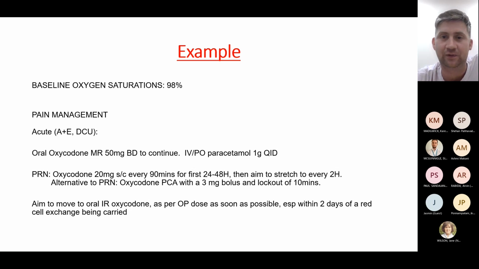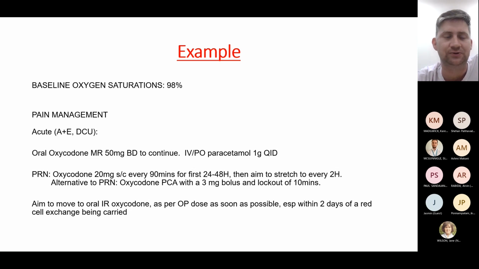We'll then give PRN oxycodone 20 milligrams subcuts every 90 minutes for the first 24 to 48 hours with the aim to stretch it to every 2 hours. And if that's not quite working and we need to keep giving lots, we might switch to an oxycodone PCA with 3 milligram bolus, so just a bolus, no background, with a lockout period of 10 minutes. So he can push it, but it will only give a dose every 10 minutes.